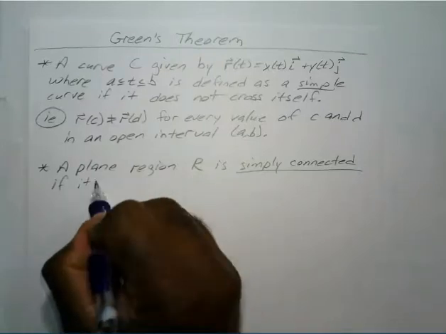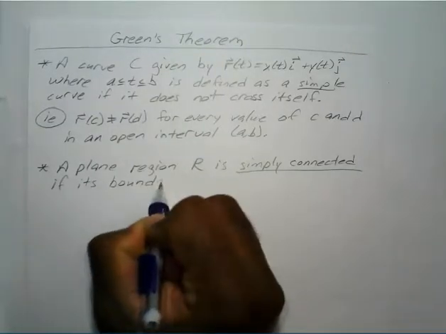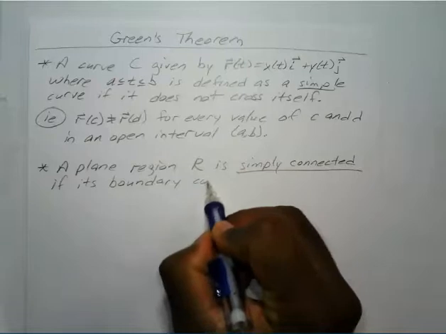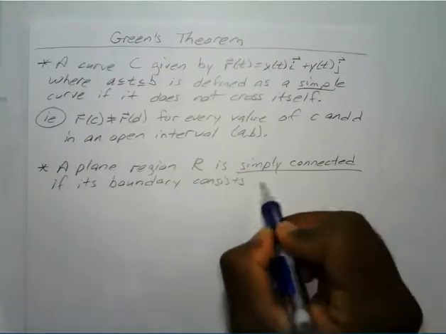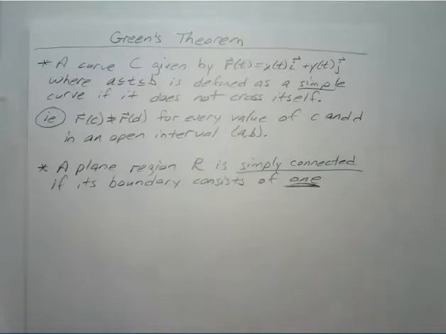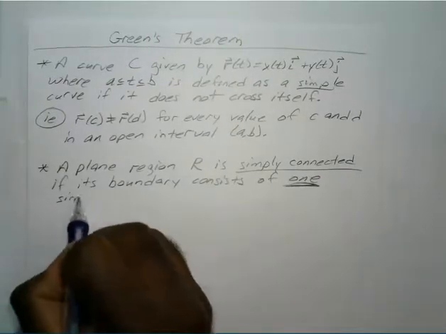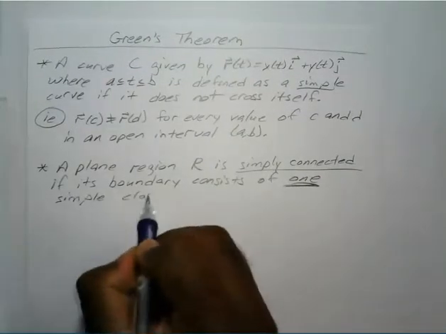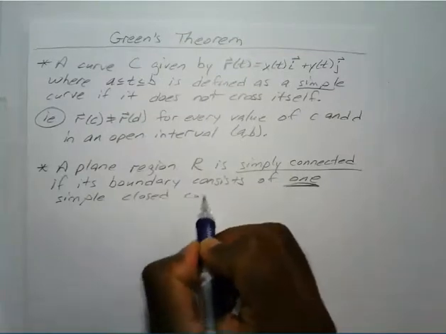So if its boundary consists of one, that's the key phrase there, simple closed curve.